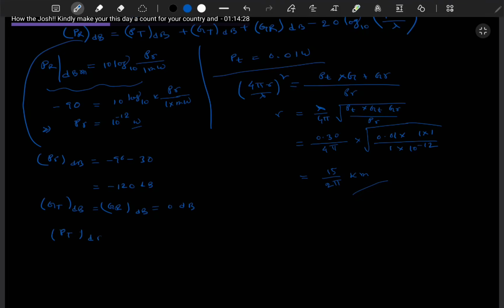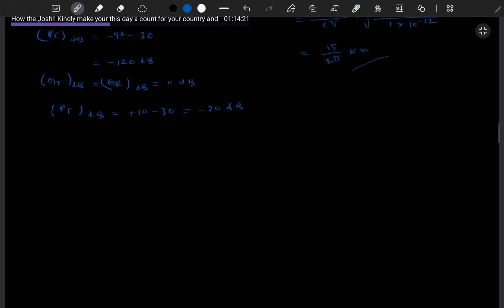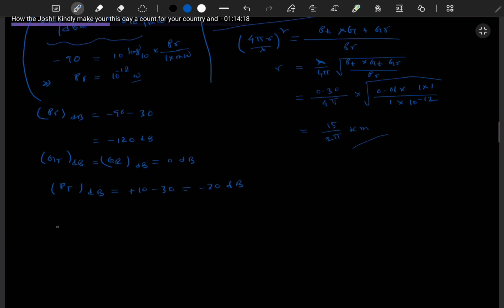PT in dB is plus 10 minus 30, minus 20 dB. So it will become minus 120 equals minus 20 plus 0 plus 0 minus 20 log base 10 of 4 pi r by lambda.